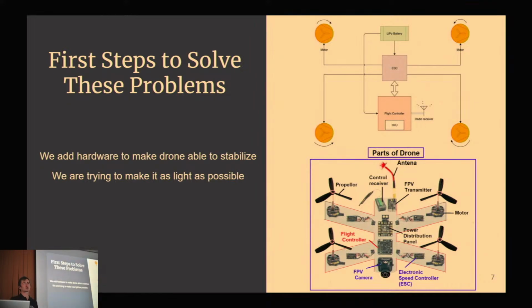Of course, there are some drones with only one movable object. For example, MIT created a drone with only one motor, but that's more complex control, and I'll talk about this maybe later. So basically, those are our main key components if you want to make a drone fly.